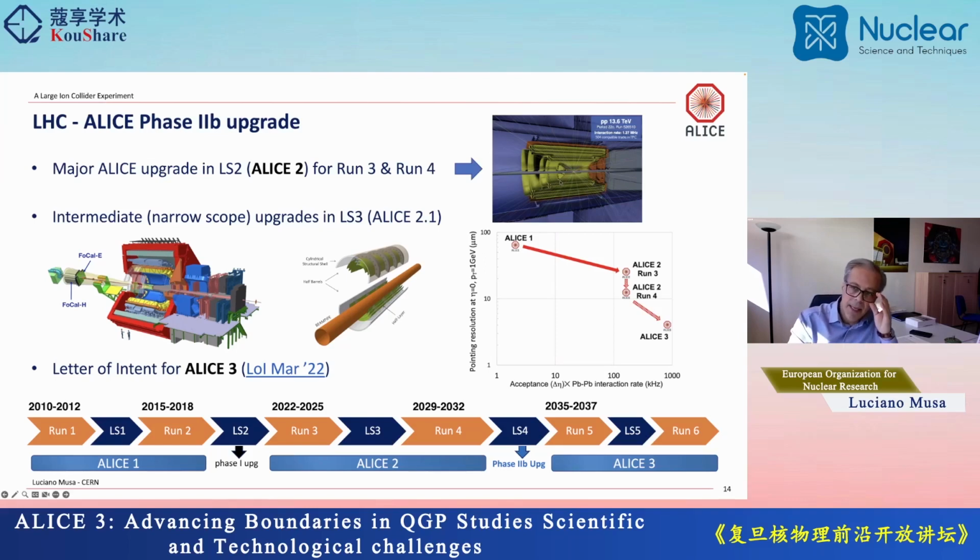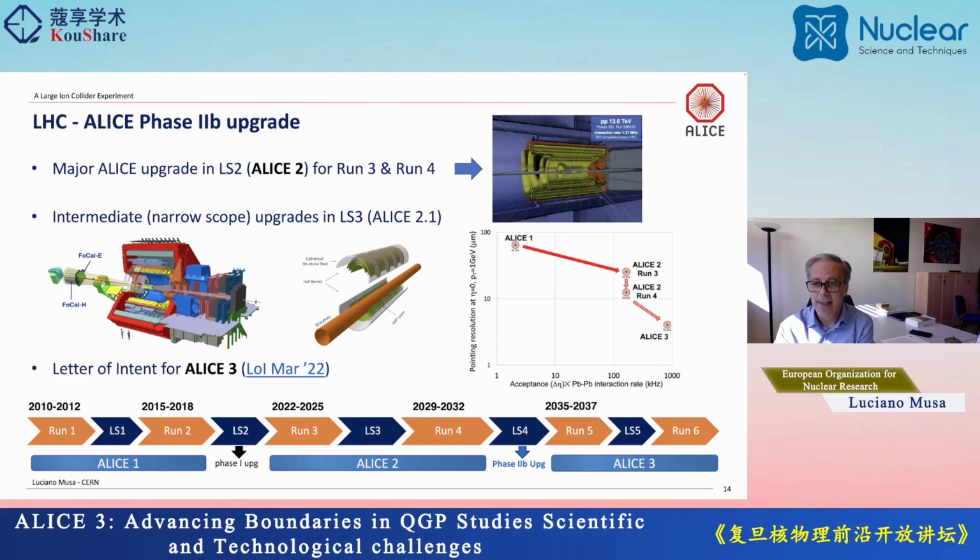And equally important is the major upgrade of the detectors, where we install a completely new silicon tracker with a much enhanced performance in determining the point in space where the particles originate, so the primary vertex and the displaced vertices of short-lived particles, and also a very important upgrade of the time projection chamber to allow a continuous readout of the detector, overcoming the limitations that we had in the previous decade.